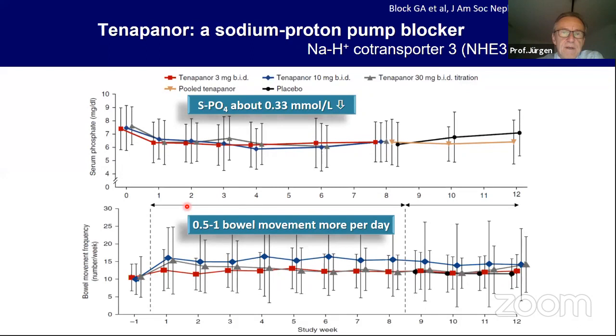And as I said, you cannot separate it from the effect of the drug. The bowel movements per day increased by about, I don't know how you have half a bowel movement, but it increased. So that is one option.